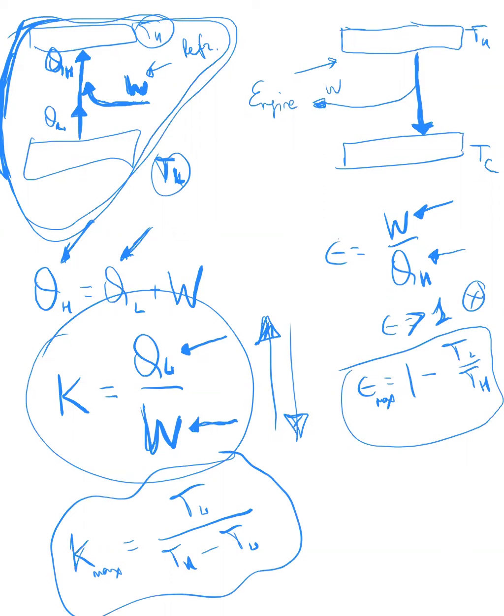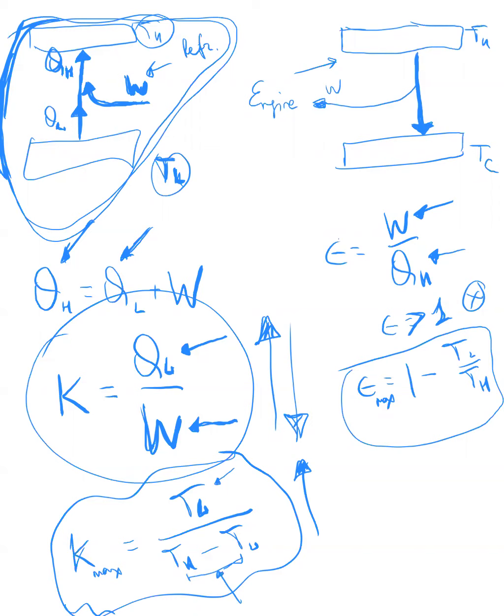So what do we do to get a high coefficient of performance? We either increase TL or we decrease the difference between TH and TL.